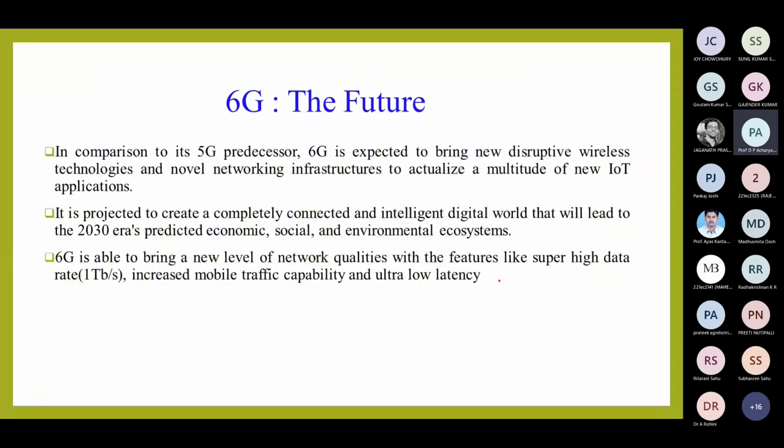Now I will come to the 6th generation. Now this is a point of research. What is the scope for doing research into fields of IoT, or why is IoT going to see immense growth in the future? That's because of this 6th generation.